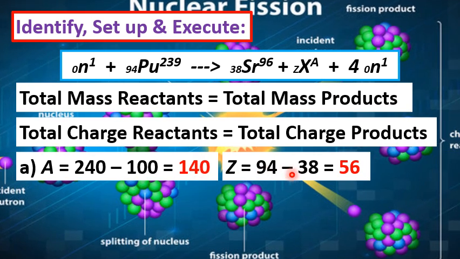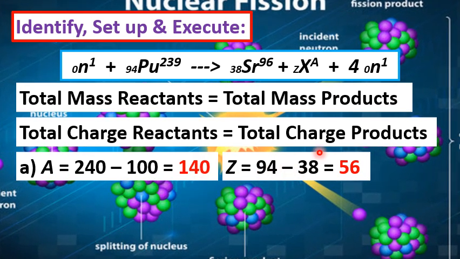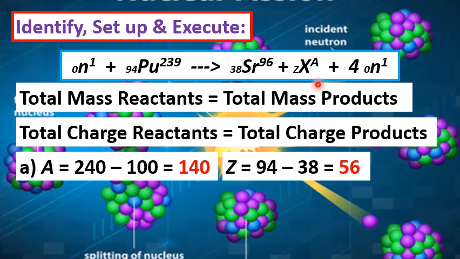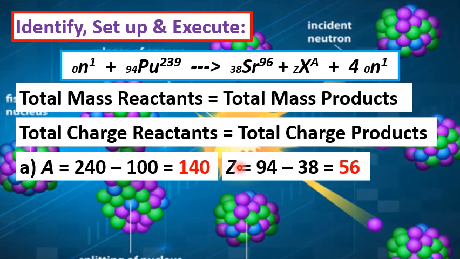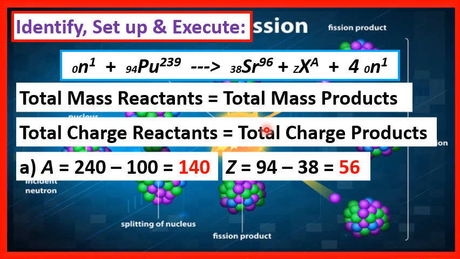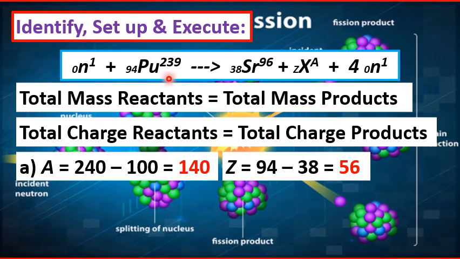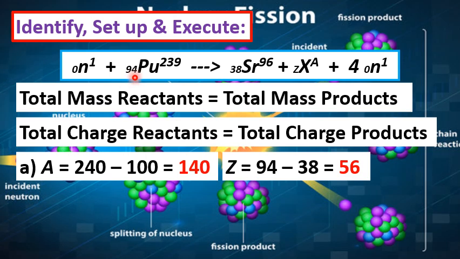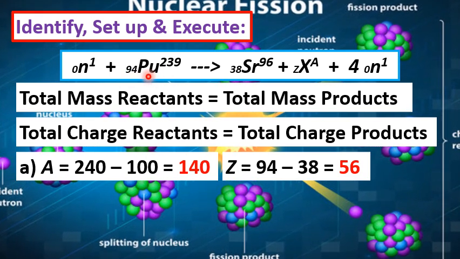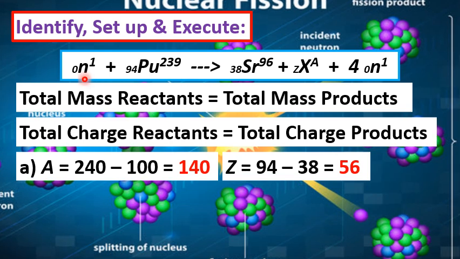Likewise, to determine the atomic number of the unknown element, this is denoted by capital Z, right? So we also add the atomic numbers of plutonium, which is 94, right?